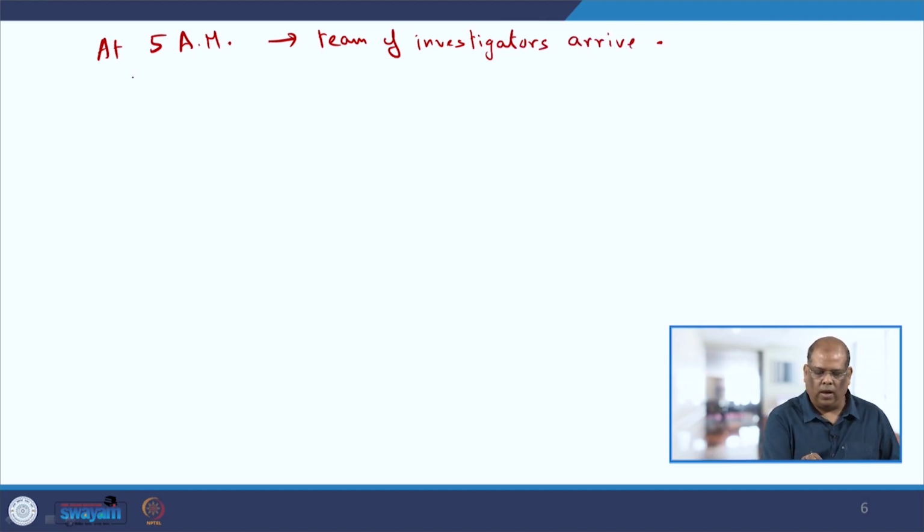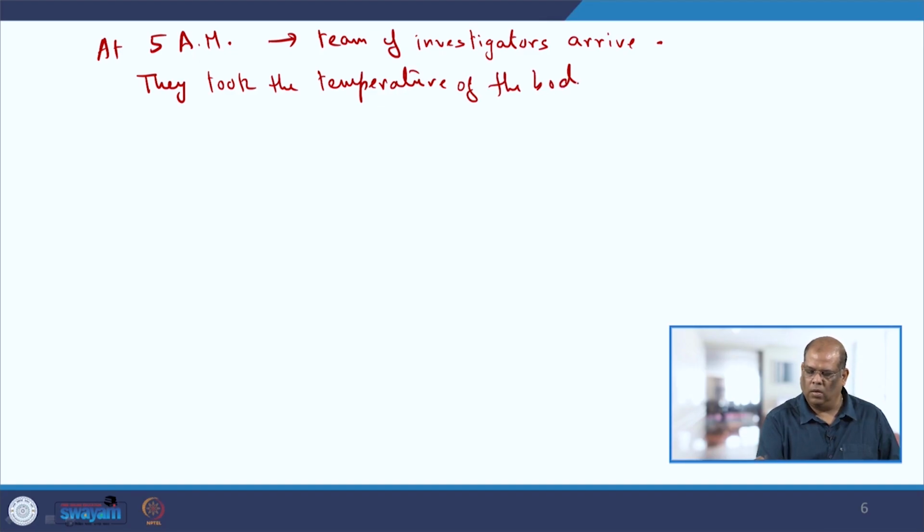They took the temperature of the body, and they find that it is 87.5 degree Fahrenheit.